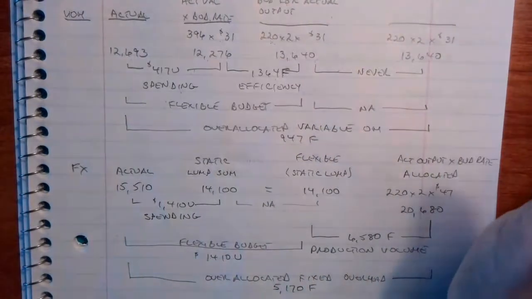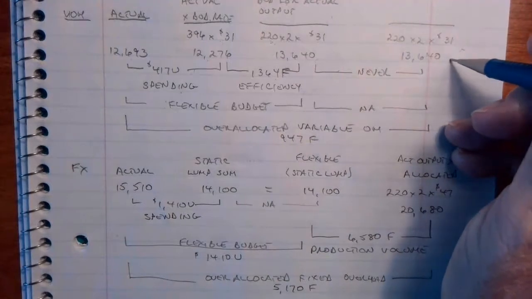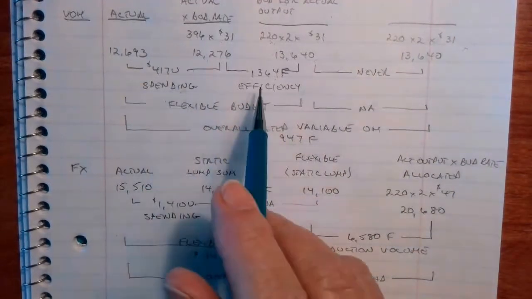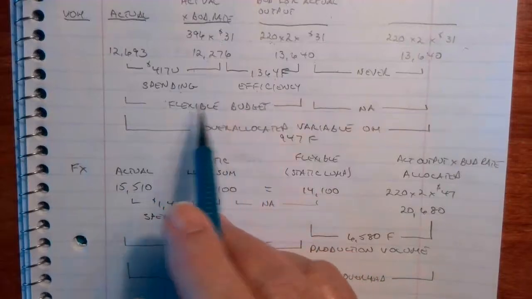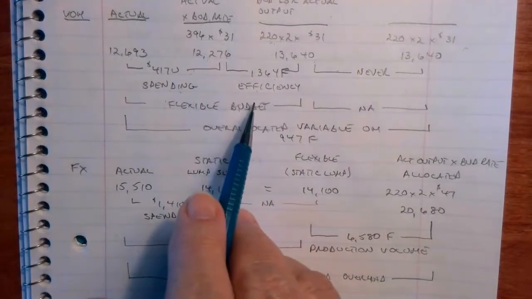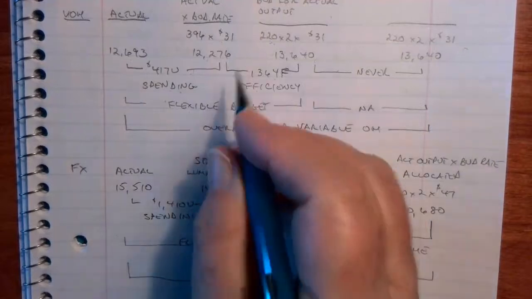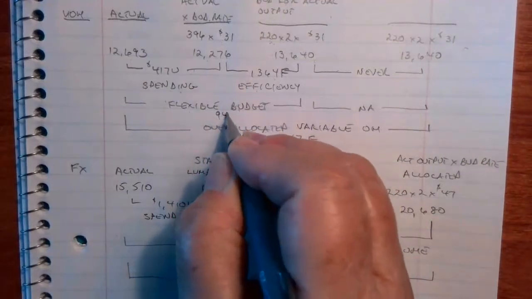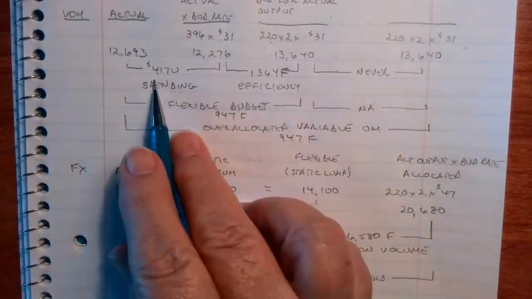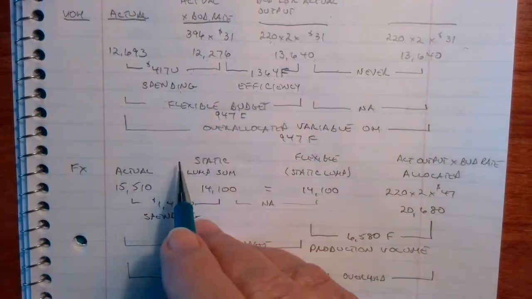It's not applicable. Not sure why it's out there, but that's where it is. The total of the spending and the efficiency variance is the flexible budget variance, and it should be 947, and that's favorable. It's just the difference between these two.